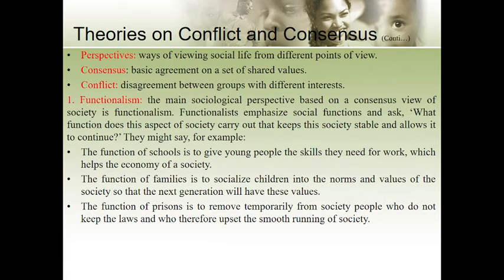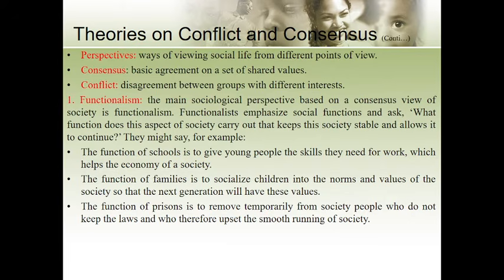The main sociological perspective based on the consensus view of society is functionalism. Functionalism is basically a consensus approach or consensus theory. Functionalists emphasize social function and ask what function this aspect of society carries out that keeps society stable and allows it to continue.